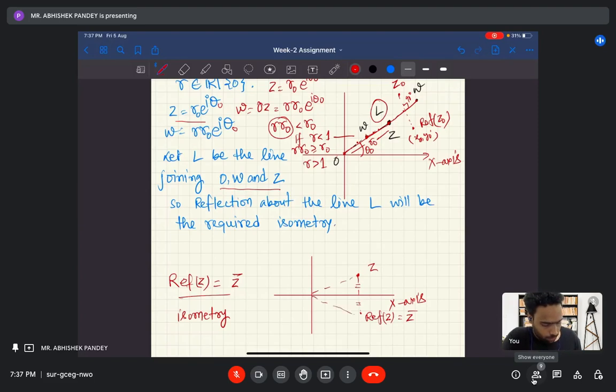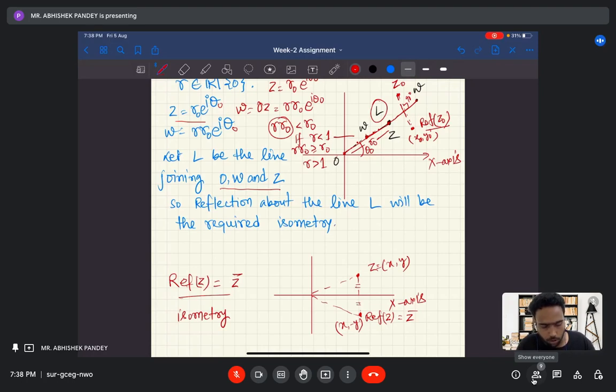Using coordinate geometry, you can find the coordinates: if the point is (x, y), the reflection will be (x, minus y). Similarly, if z naught is here, reflection about this line means z naught will be here.